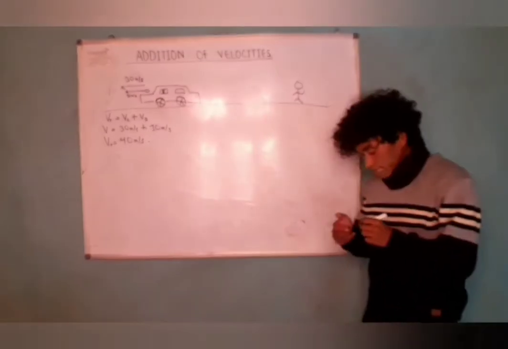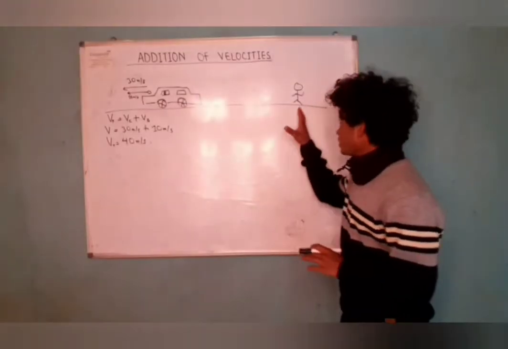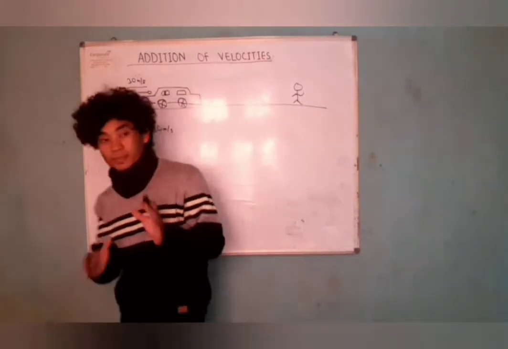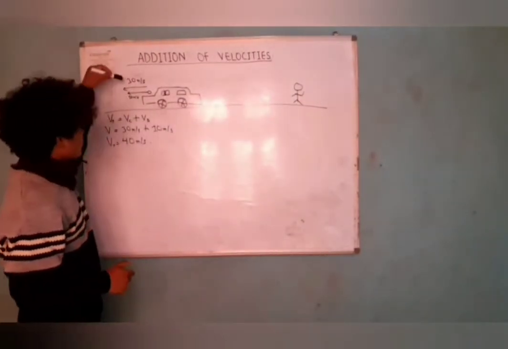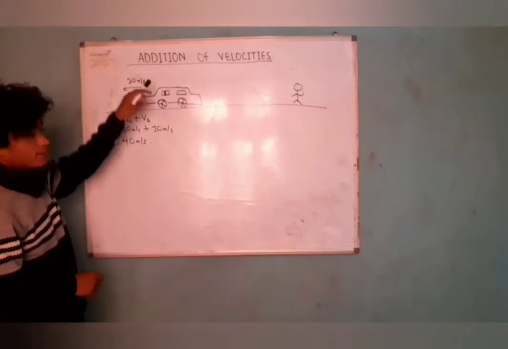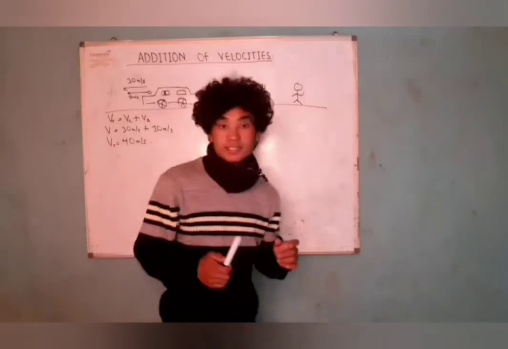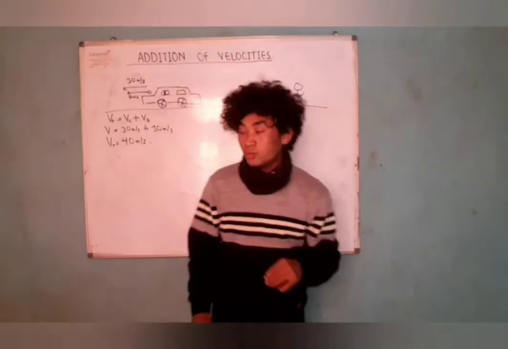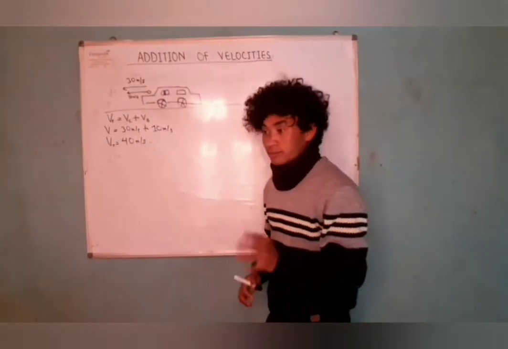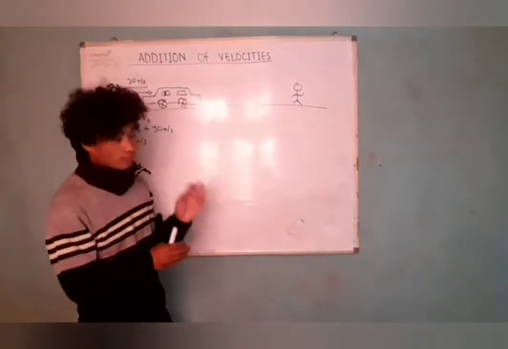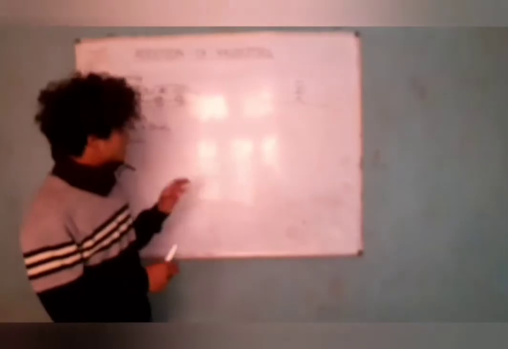So actually this observer found that what he did is he added both the velocity, that is velocity of car 30 meter per second and velocity of ball that is 10 meter per second. The resultant velocity he gets is 40 meter per second, which is true. So now to make the concept more clear, I'll provide you with the next example.